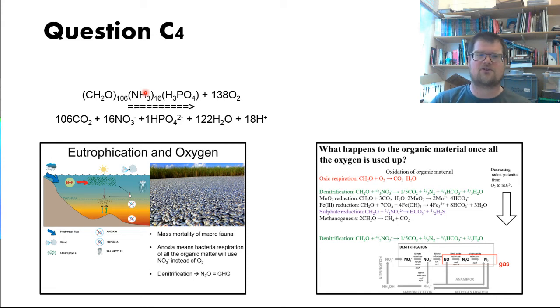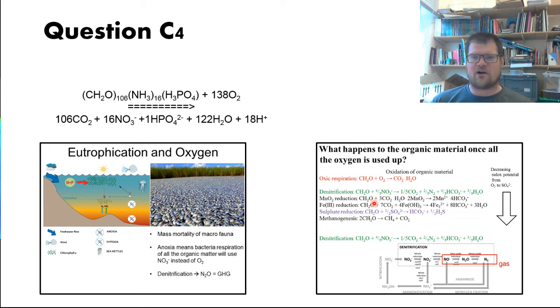So we can't lower the oxygen concentration anymore because it's already zero, but the nutrient concentration can still go up, because we carry on respiring all of the organic matter using alternative oxidizers that are not oxygen. So denitrification and manganese ion reduction can remove the organic matter and release nutrients into the water without taking out any more oxygen, because there's no more oxygen to take out. So that would be one way that the relationship breaks down here.